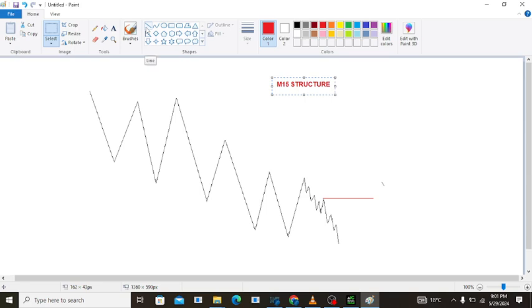Also, we have this trend line liquidity. See, it's perfectly in line with our extreme.